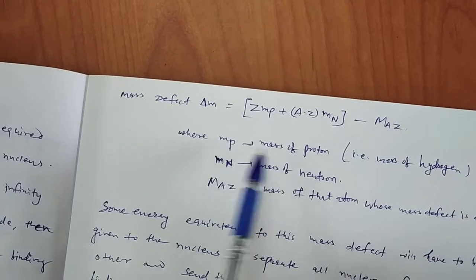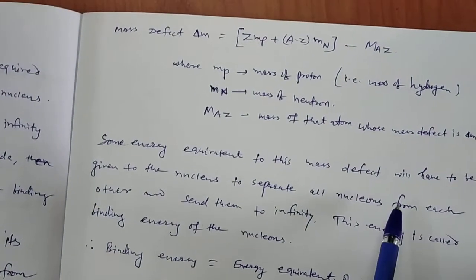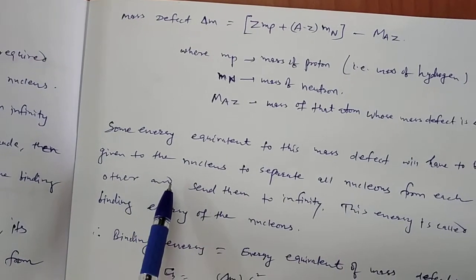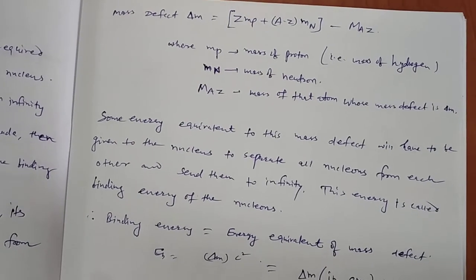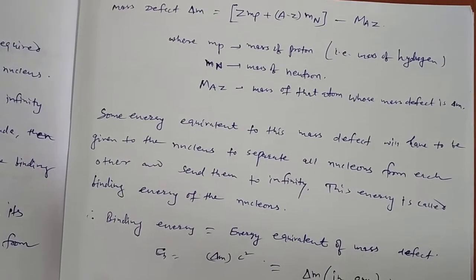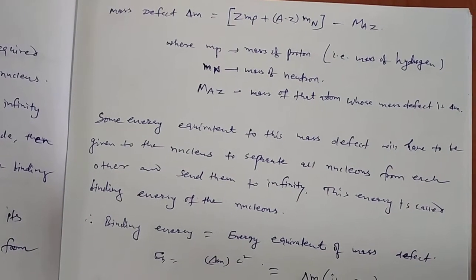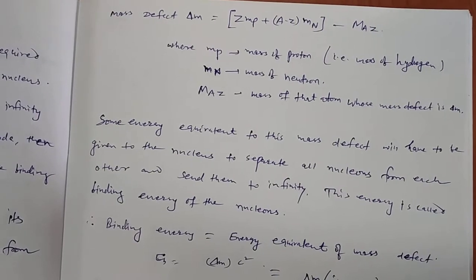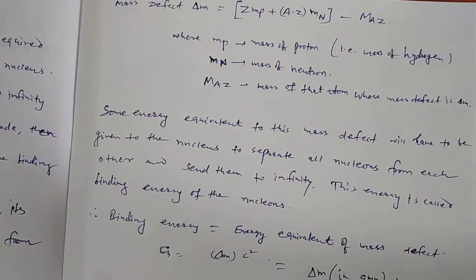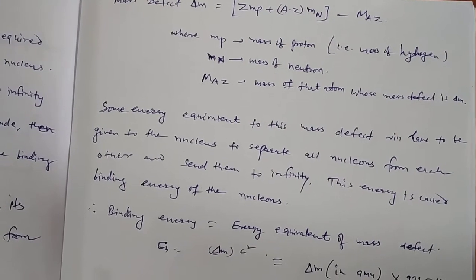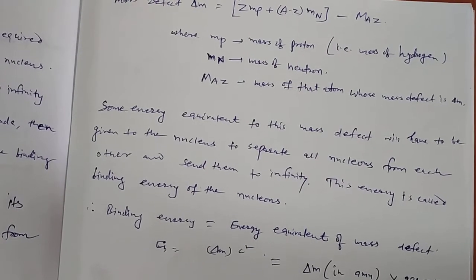Here notations are the same as in the previous topic. Some energy equivalent to this mass defect will have to be given to the nucleus to separate all nucleons from each other and send them to infinity. This energy is called the binding energy of the nucleus, which means if we provide the energy equivalent to mass defect delta M, then this energy can separate the nucleons and send them to infinity.